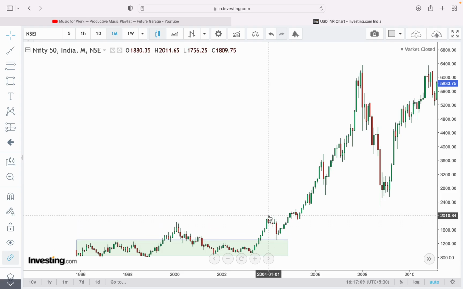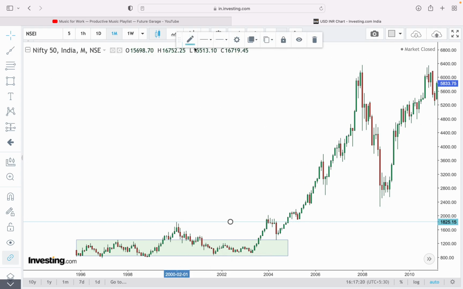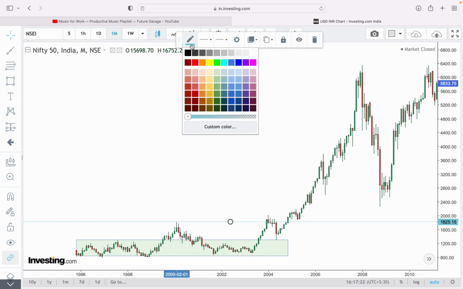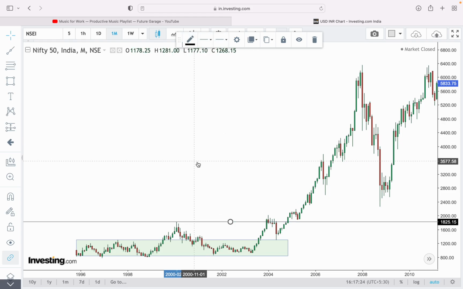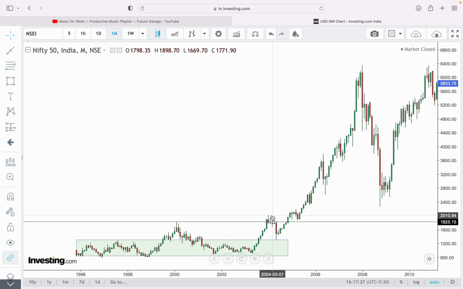In this 2003 phase, Nifty did break this high, that is the high that it had created in February of 2001, and we can just use this marker as a reference. So just make this black, and we can see that this high was created.